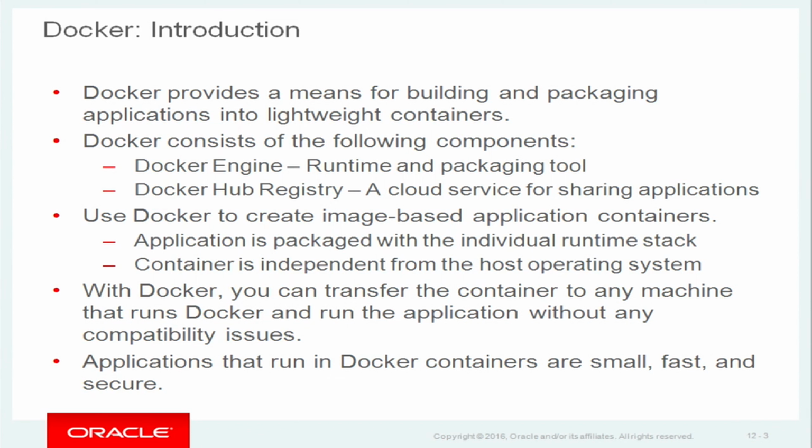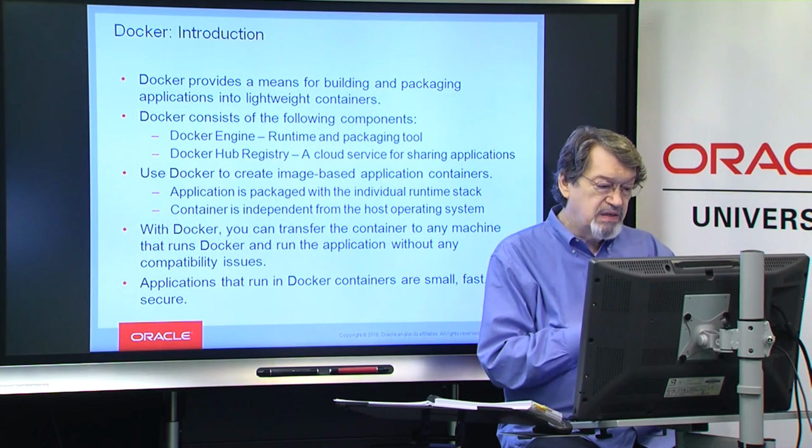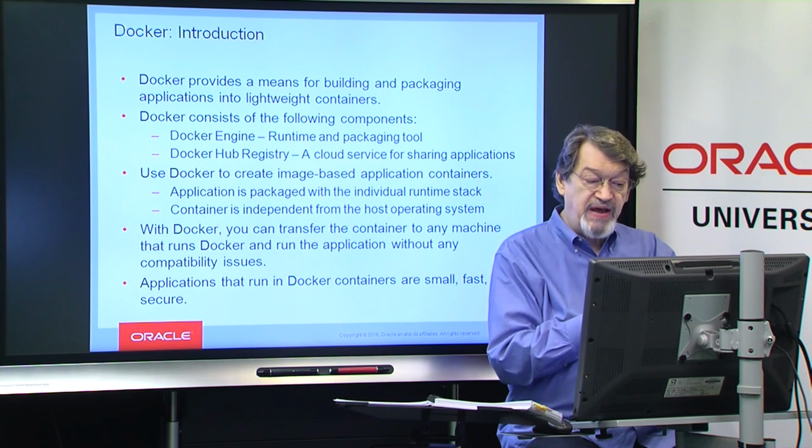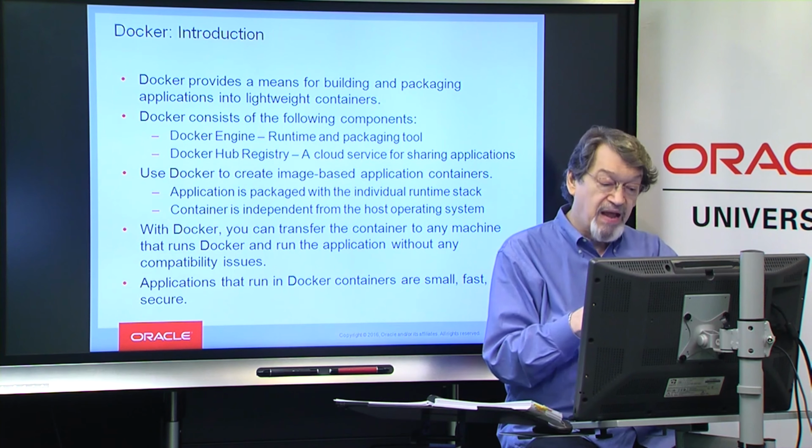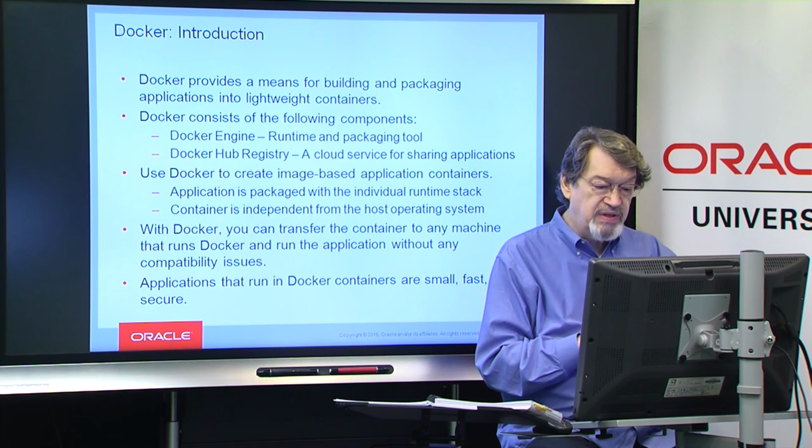We have Linux containers, and they have a bigger footprint. And then if we move all the way up to a VM, the VMs are huge because they're a full operating system. And so the Docker images consist of a Docker engine, obviously a runtime and packaging tool, and then a cloud service, the Docker Hub registry, for sharing applications.